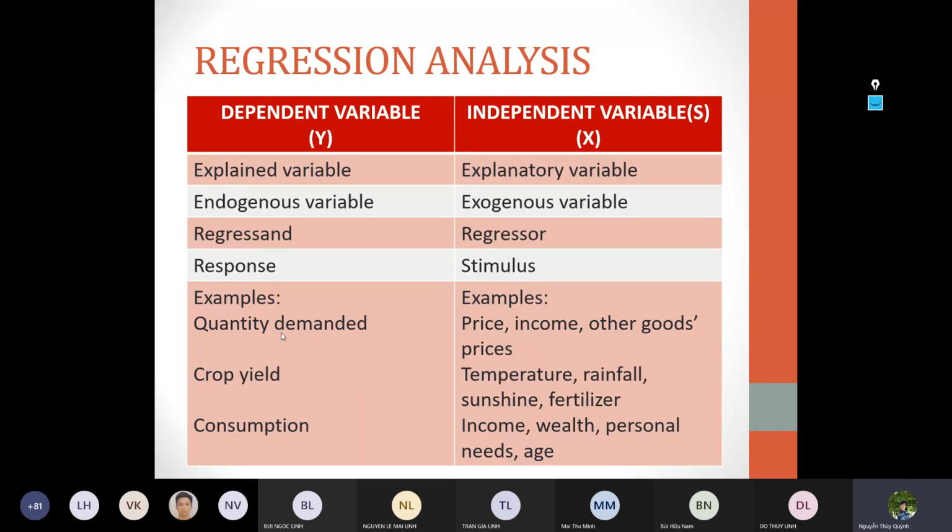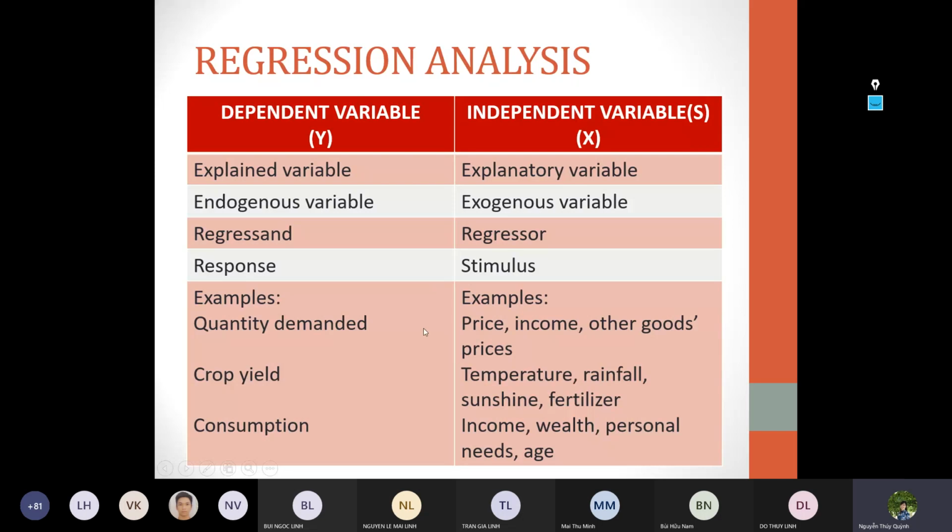You have to look back. Remember that in the econometrics methodology, the first step that we have to do is a thorough review of the topic. From economic theories and from the results of previous research, you can find the independent variables that we can bring into the model to explain the value of the dependent variable.